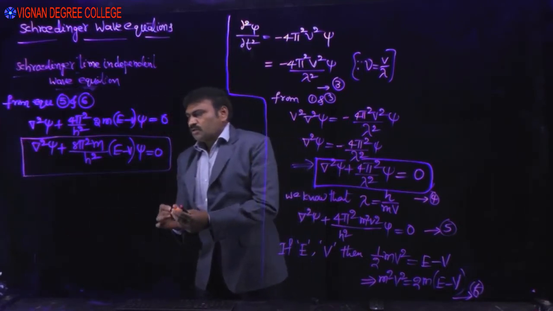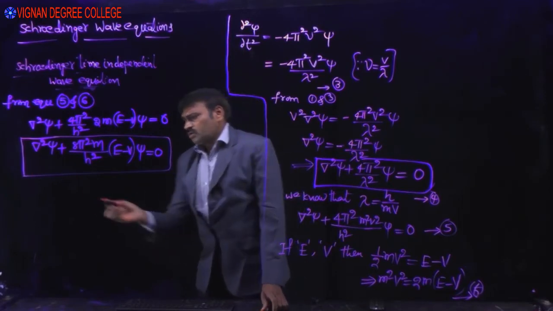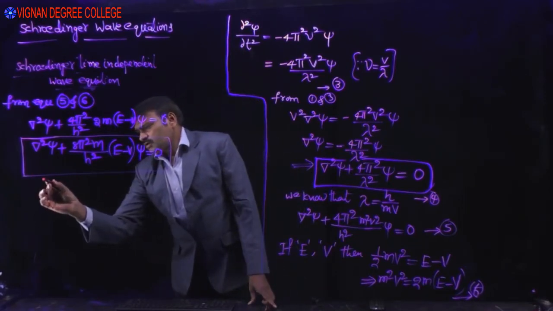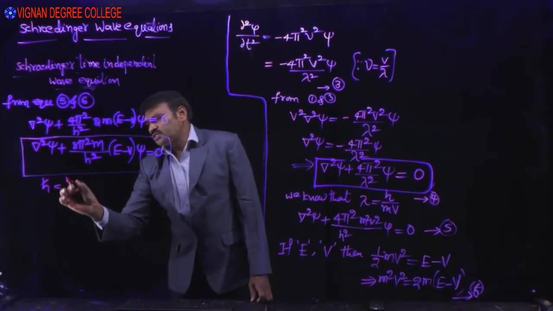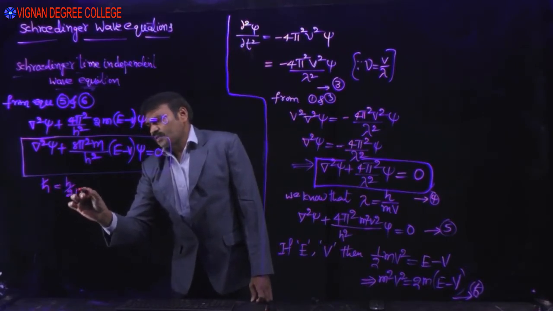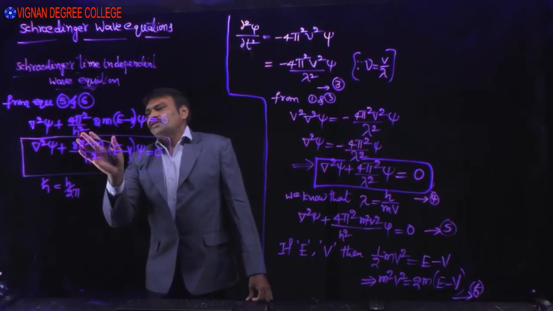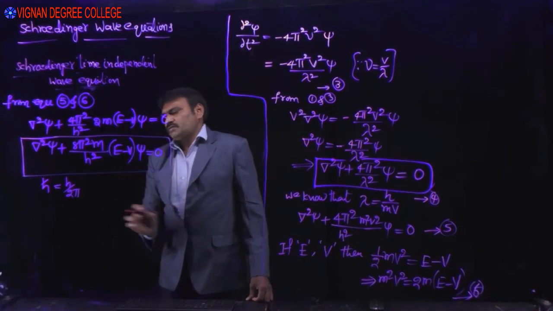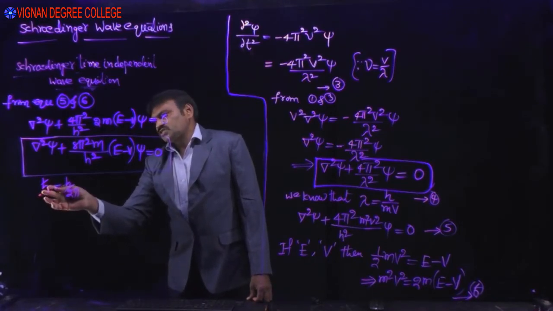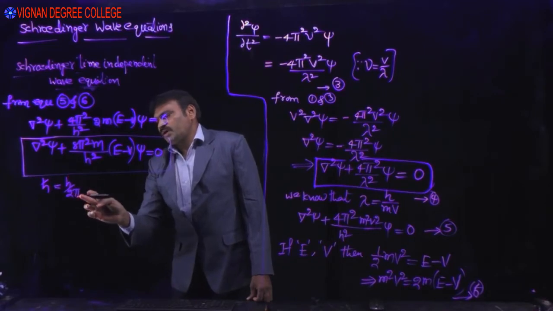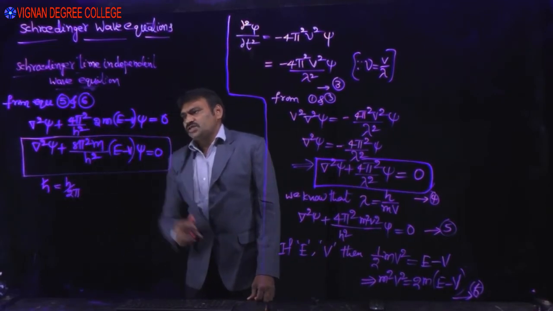Now, you know that h cut, or h cross, is equal to h by 2 pi. If you square on both sides, h cross square is equal to h square by 4 pi square. Substitute h cross square in this equation.